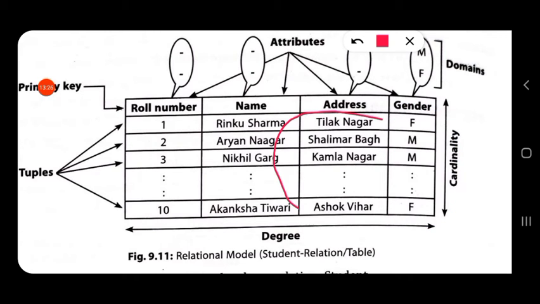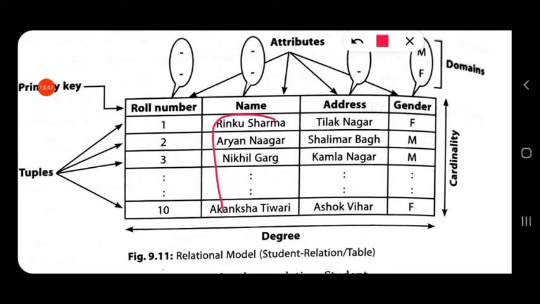Now in this column, address, all characters can come, but no numbers. All the characters are the domain from which we can pick our data and store in this address.